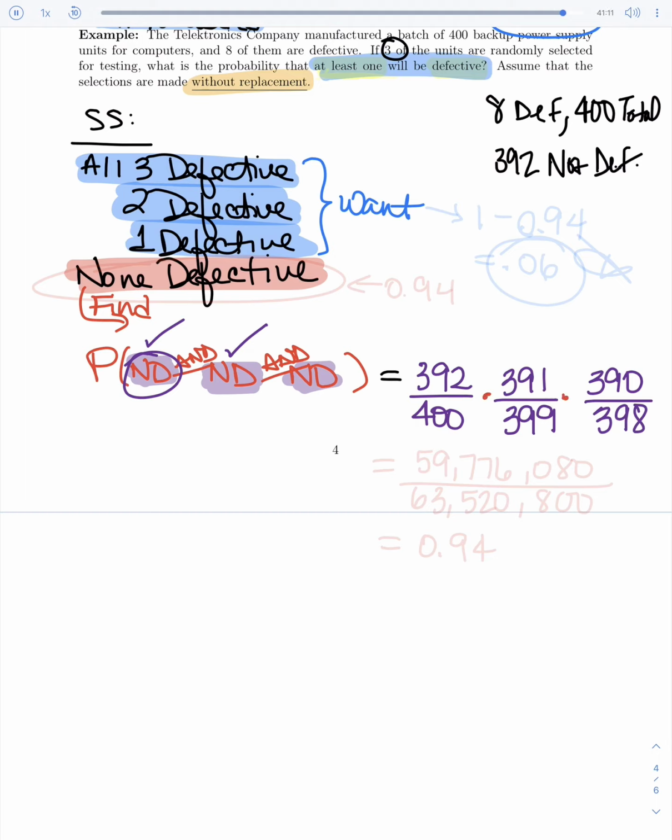So going straight across the top, the 392 times 391 times 390 is, and I believe we did this one a couple sections ago and got this exact answer, 59,776,080.